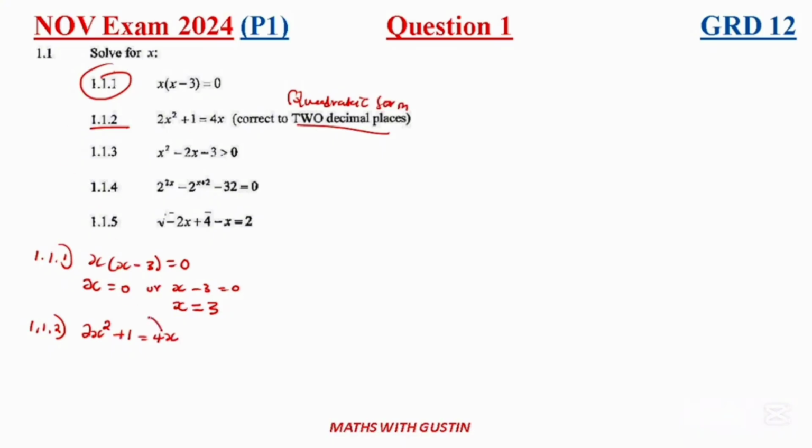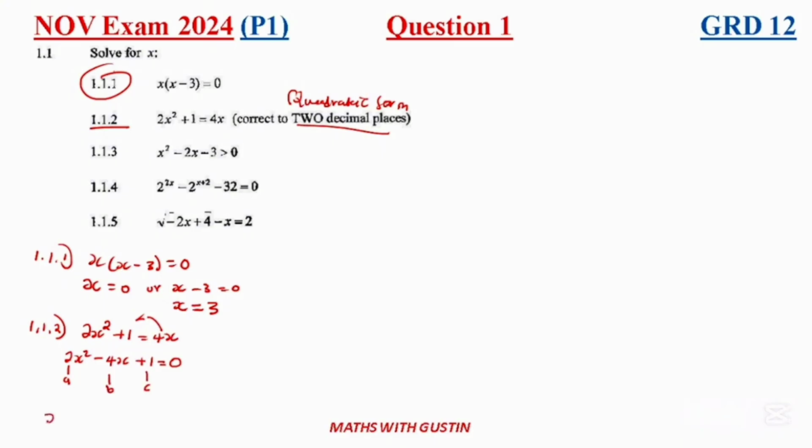So we need to take this 4 to the other side, so it's going to be 2x squared minus 4x plus 1 is equal to 0. So now therefore what you have here, you've got a, therefore this is minus 4 is equal to b, and then here it's equal to c.